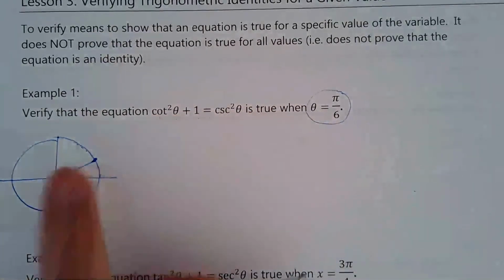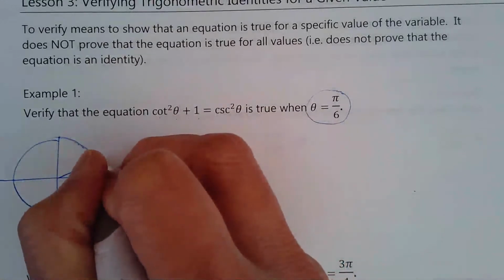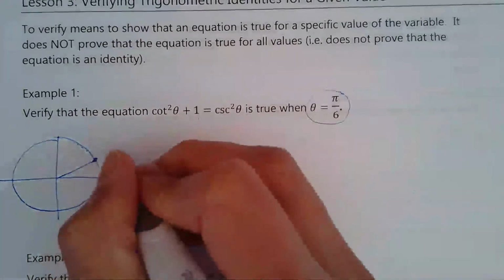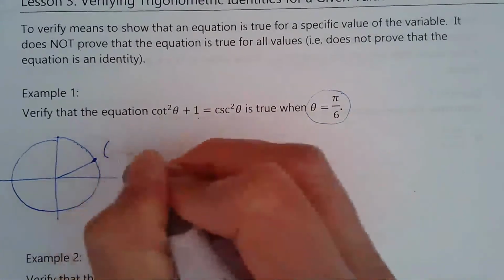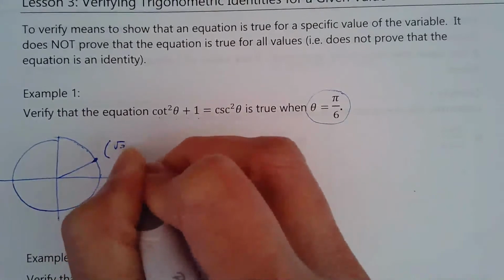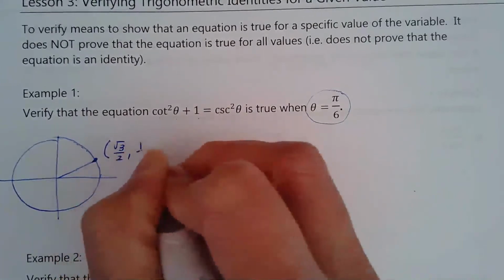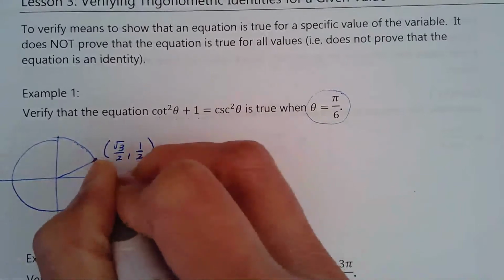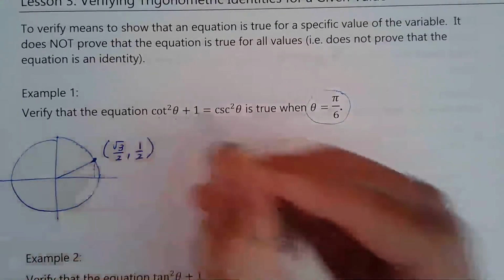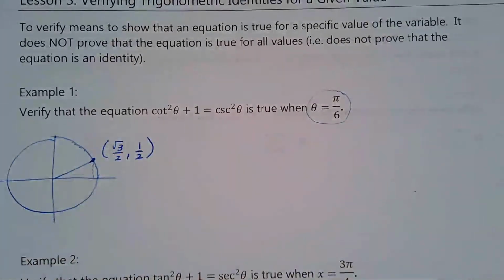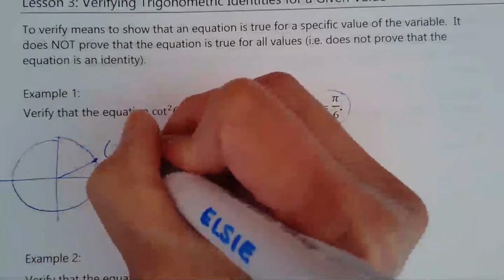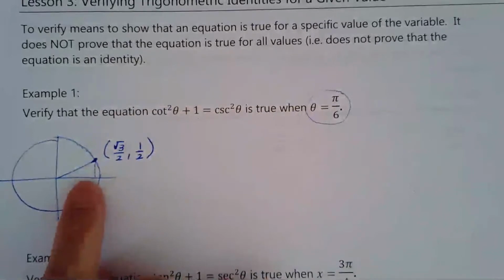And what are the coordinates for pi over 6? That one would be root 3 over 2 comma 1 half. Okay, so these are something that you are probably very familiar with, and these are the exact values for pi by 6.